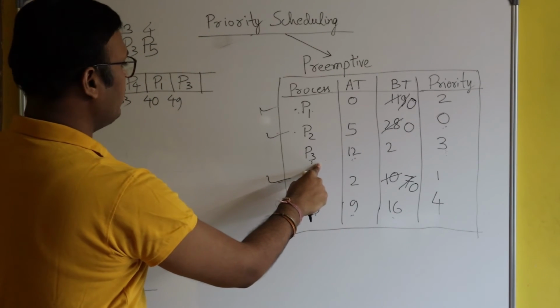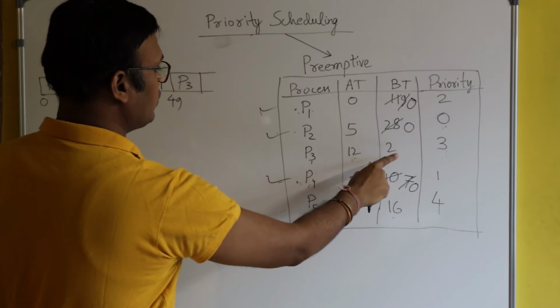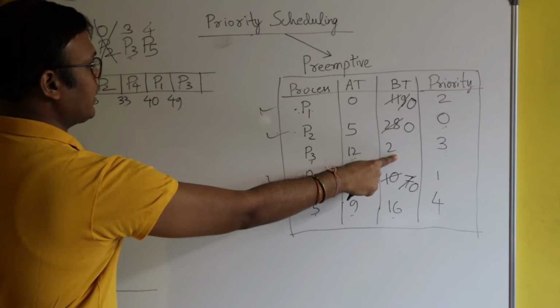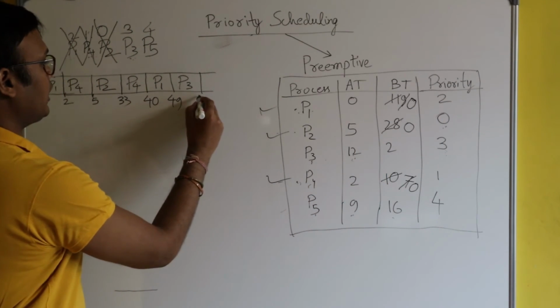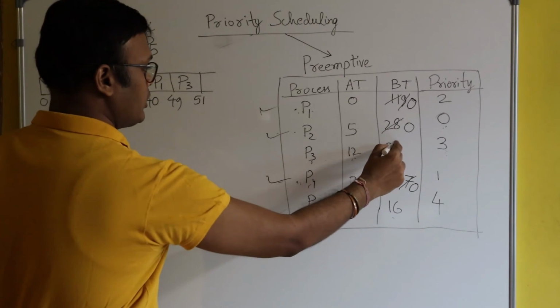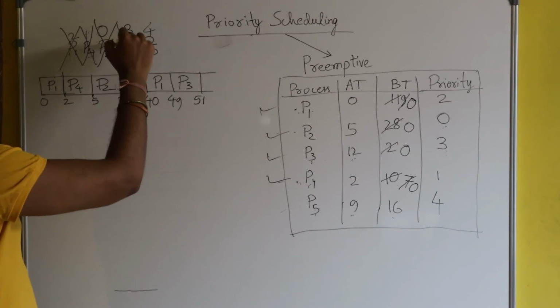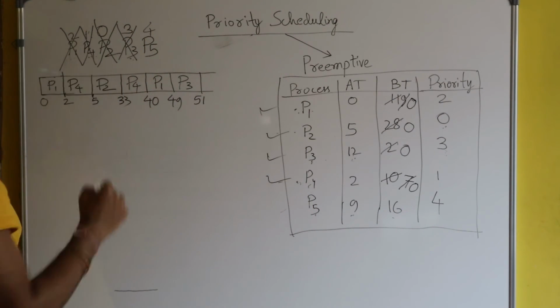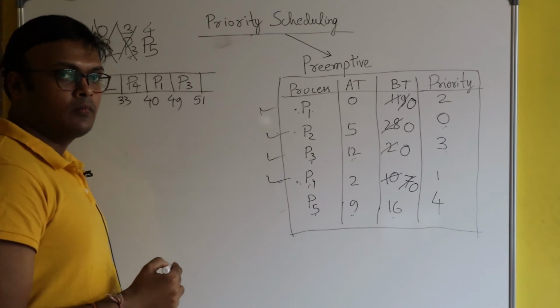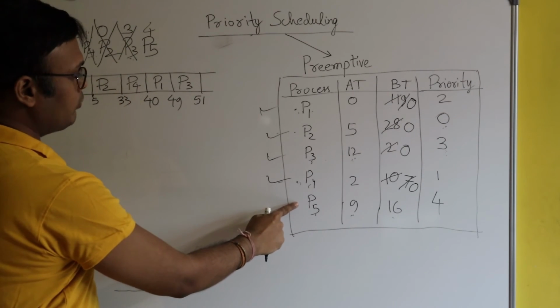So P3 will definitely fully execute. So what's the burst time of P3? 2 seconds. So here I will write 49 plus 2, 51. Okay, and it's over. P3 is done. So here I will remove P3. Fine. So now you see only one process is left.